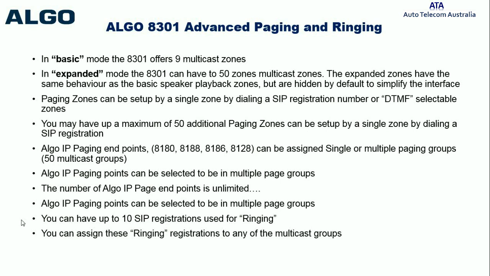What that means is that if a call comes in, we could have a SIP registration registered to the 8301 that is associated with a multicast zone or a paging zone. One of the multicast zones could be the warehouse at the back, the office, the front, wherever you want, whatever speakers you want in that group.